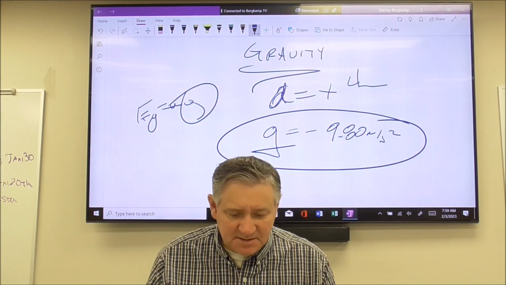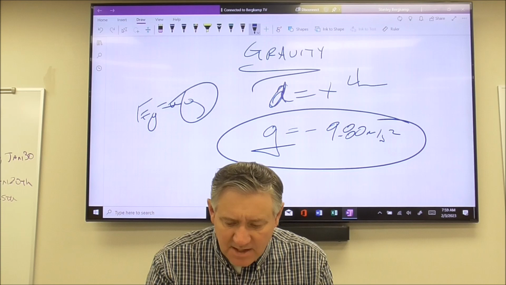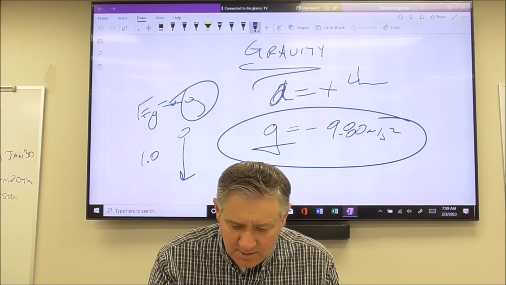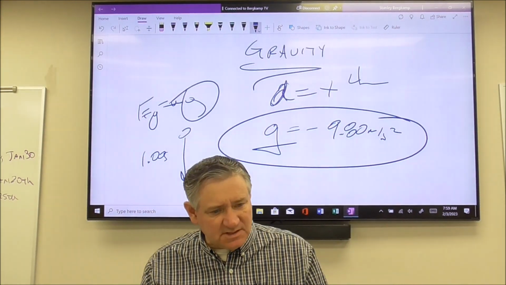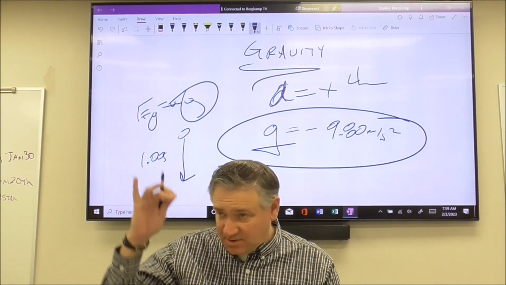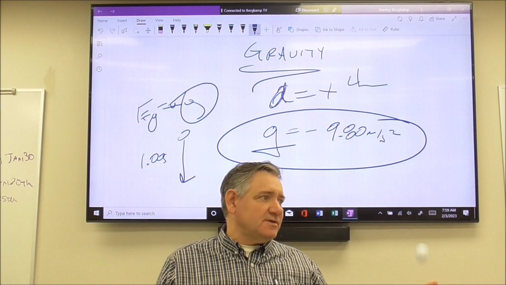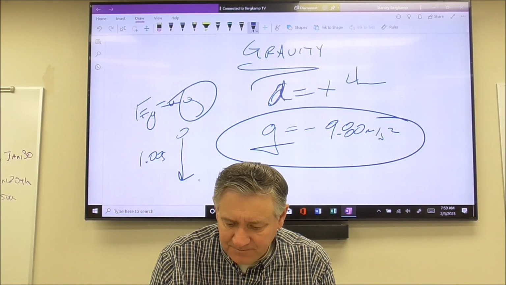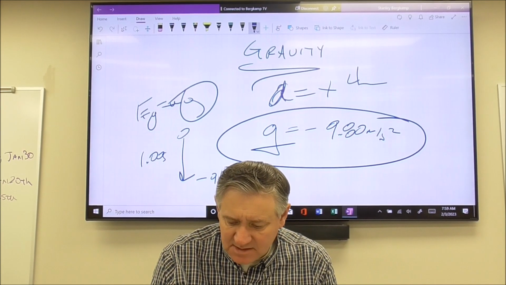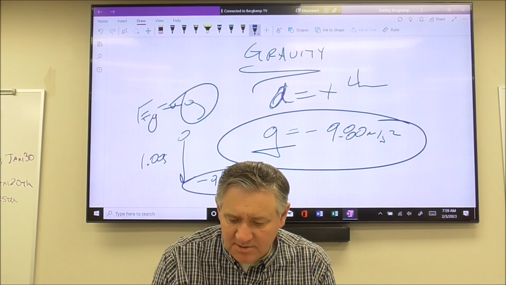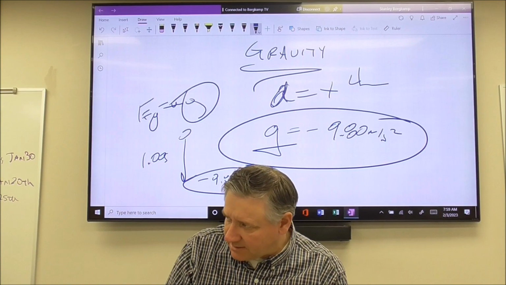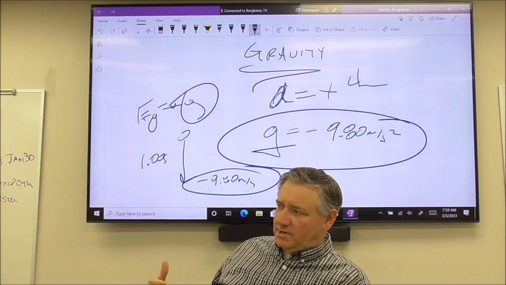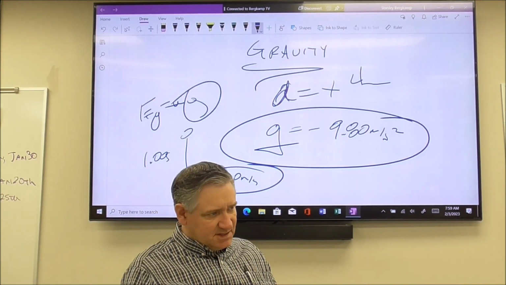So what that means is that if you drop a rock and you let it fall for exactly 1 second, starting at 0, it's going to be going negative 9.8 meters per second at the end of that second. At the end of the next second, it's going to gain another negative 9.8, which gets you negative 19.6.